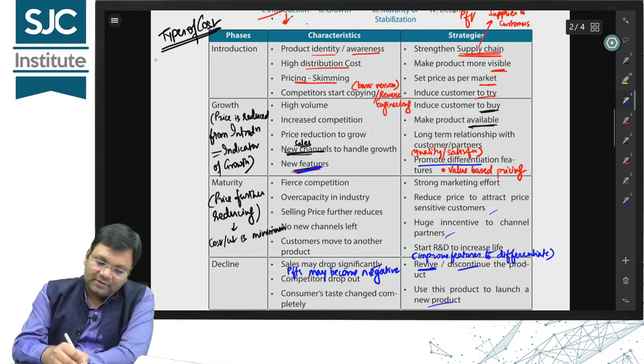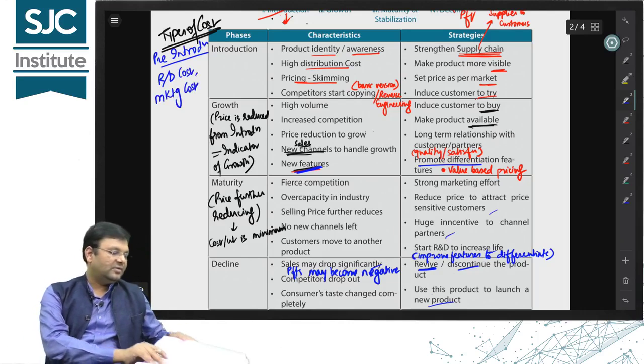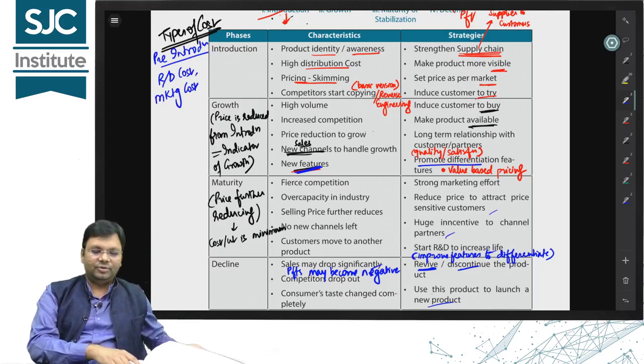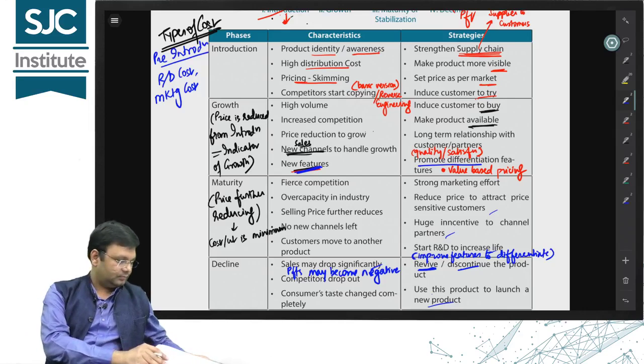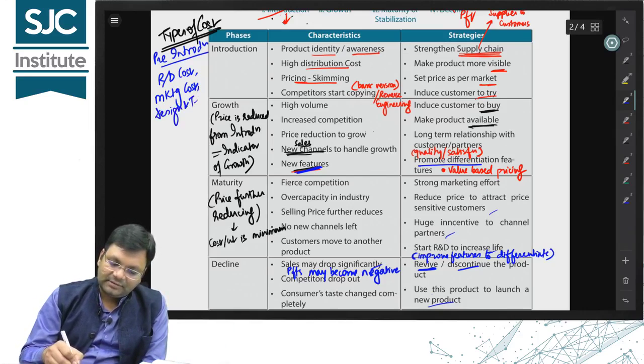So types of cost, first is pre-introduction. Normally the costs that come are R&D cost, marketing cost, you can also say huge distribution cost, design and testing cost.